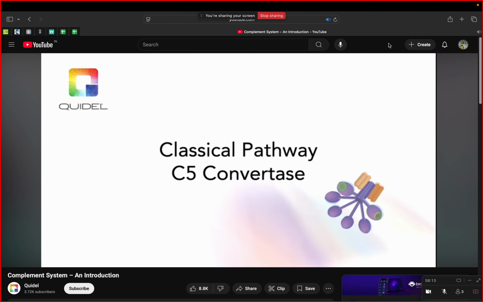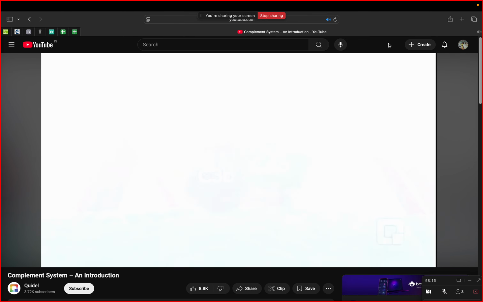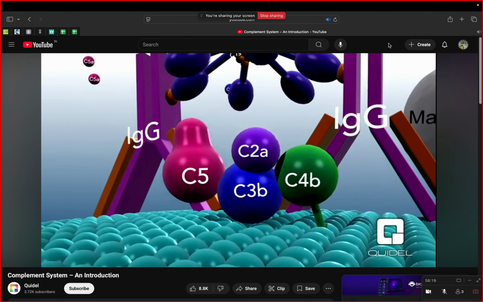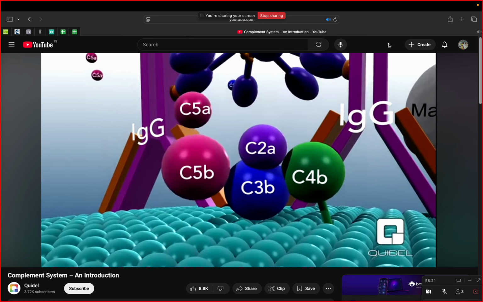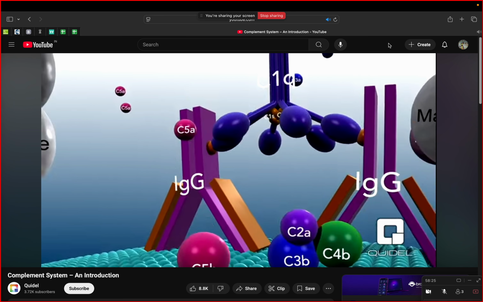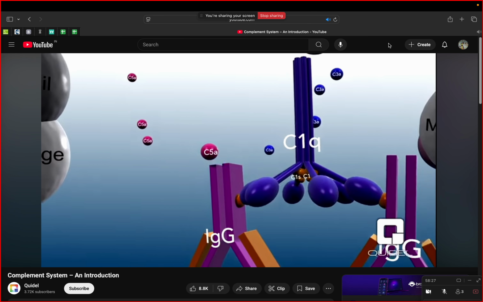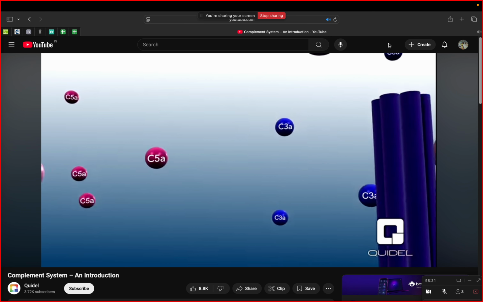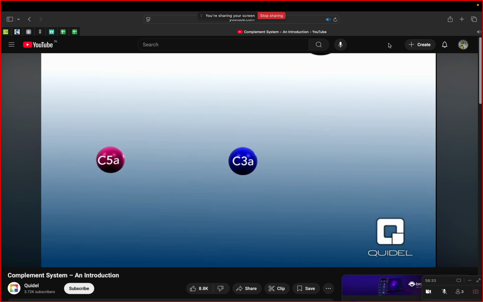Classical pathway C5 convertase. The C5 molecule is cleaved by the C5 convertase into C5a and C5b, both of which mediate important host defense functions of the complement system. Both C3a and C5a are potent chemoattractants.